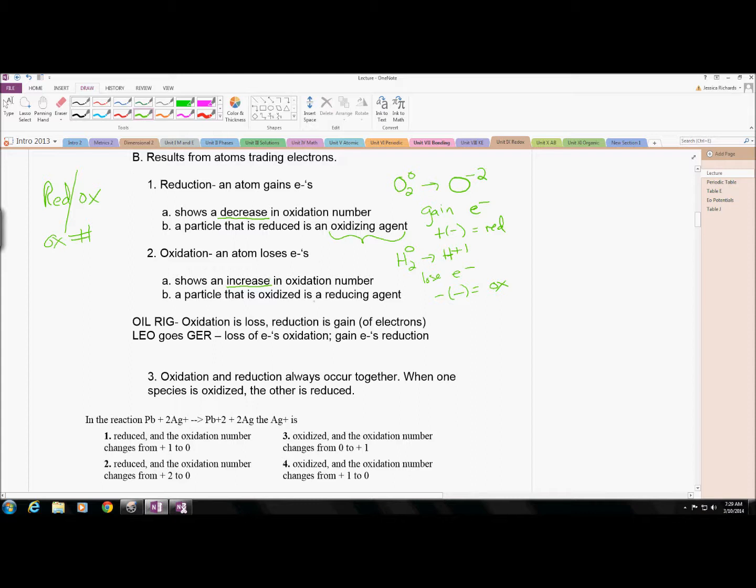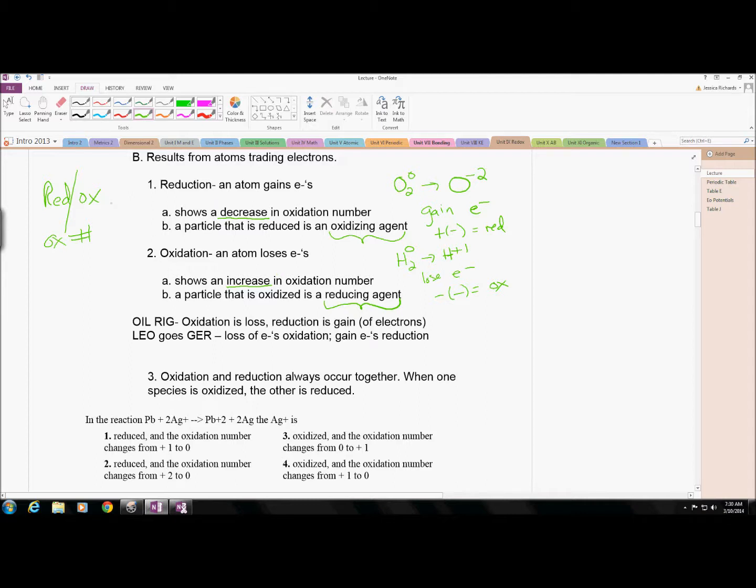What's being oxidized is called the reducing agent, because the same thing, he can't just make his electrons disappear. It's science, not magic. So the law of conservation says they go somewhere. They go to whatever is being reduced. So whatever is being oxidized causes something else to be reduced. He is the reducing agent. So you're going to memorize that what is reduced is the oxidizing agent, and what is oxidized is the reducing agent. We can't have one without the other.